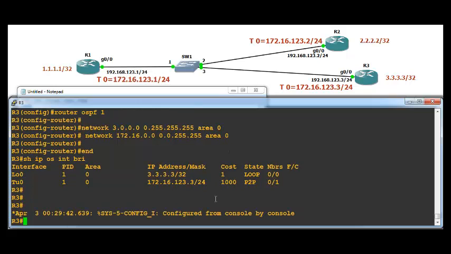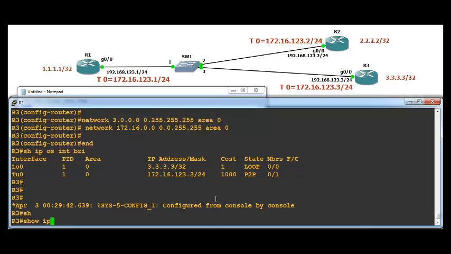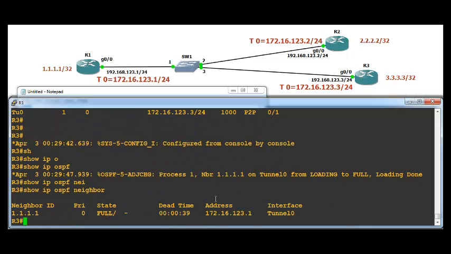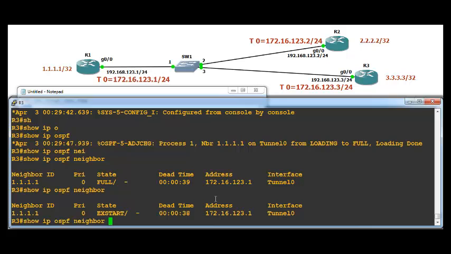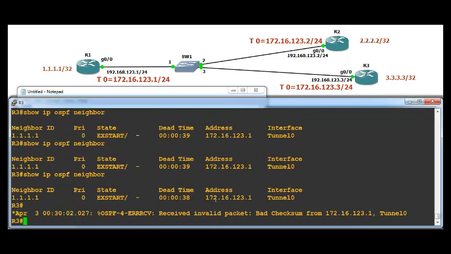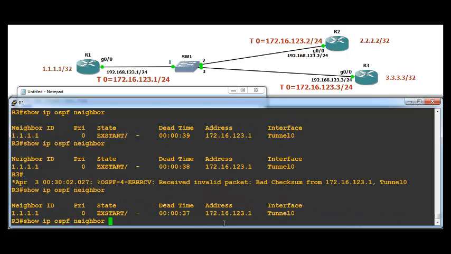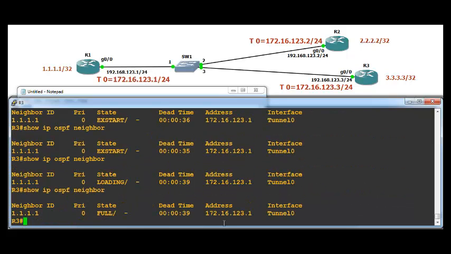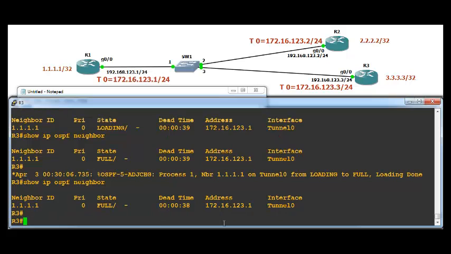Done. But I don't see the neighbor. Show ip ospf neighbor. With router 1, I see it is in exstart state. Okay, it has gone to full state.